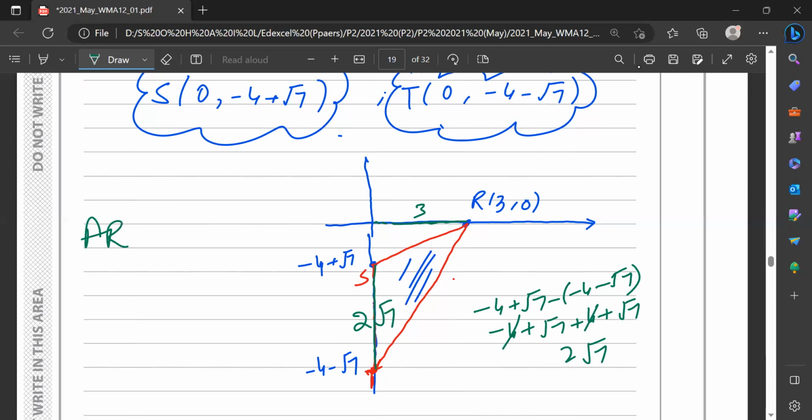And the area is half into base. This is the base, 2 root 7, into this, which can be taken as the height, 3. So the half cancels with the 2, and 3 root 7 is the area of the triangle RST.